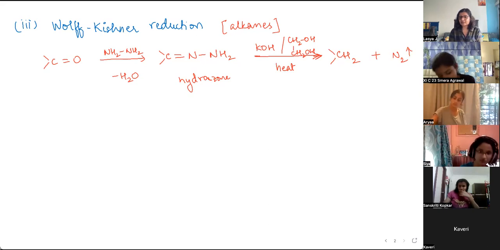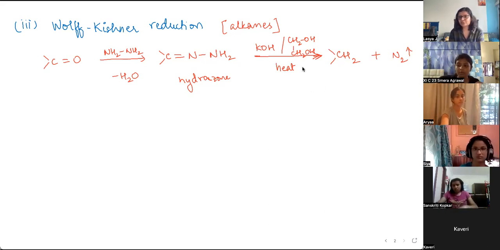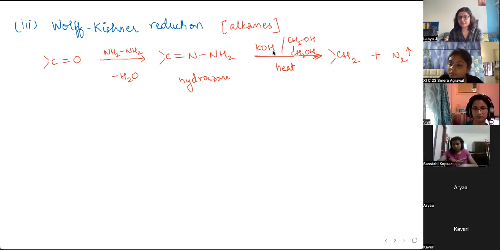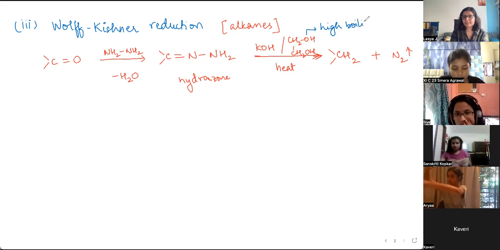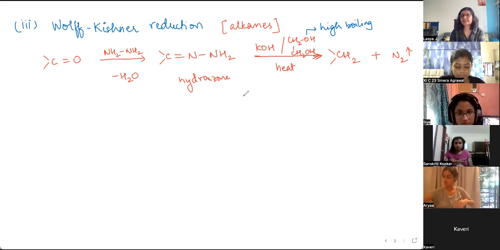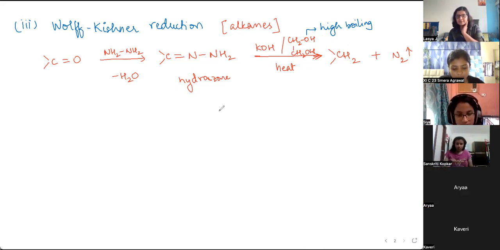Usually when we take alcoholic KOH solutions, we use ethyl alcohol and KOH, right? But the reason we want specifically ethylene glycol is because it is a high boiling solvent. And we are going to do this reaction at a high temperature because hydrazones tend to be slightly unstable. They're pretty volatile. They can catch fire easily.